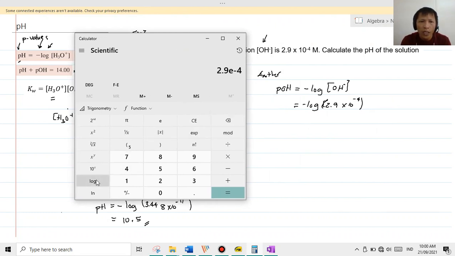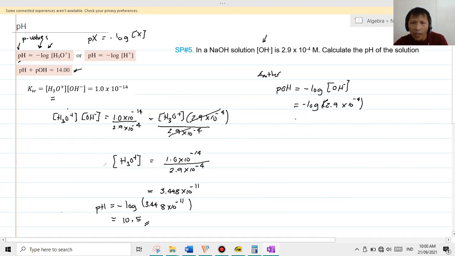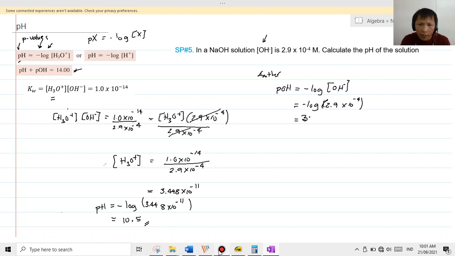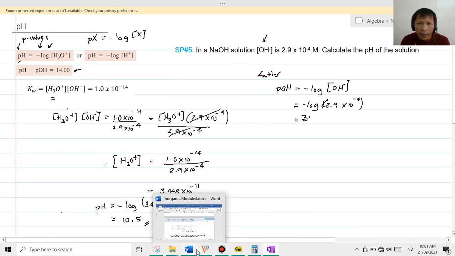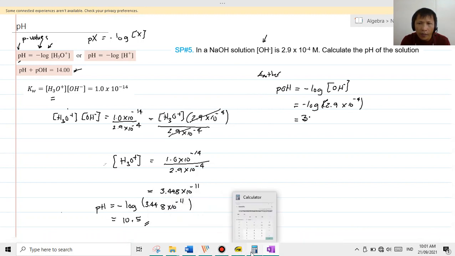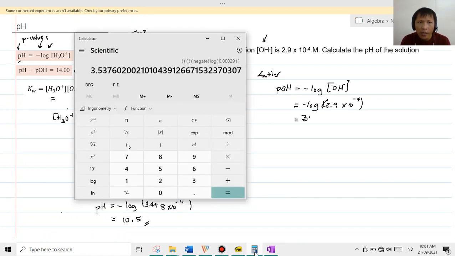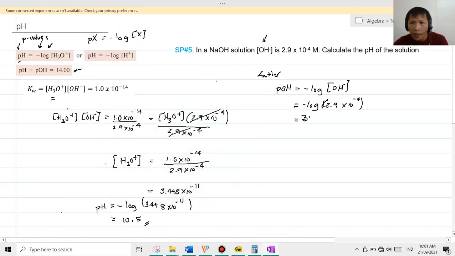I put 2.9 in parentheses, exponent negative 4, then take the logarithm of that, and then negate. That is 3.538, positive. So the pOH is 3.538.